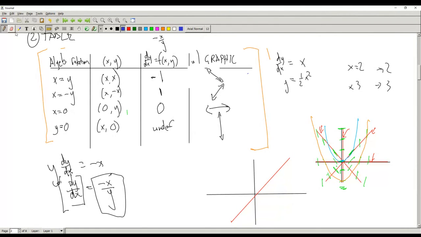Let's do... I need to get rid of the ruler. Let's do this one here. So x equals y. Along this line, our gradient is minus 1. So gradient is always going to be minus 1 along this curve. This right? I feel like I might have missed something.